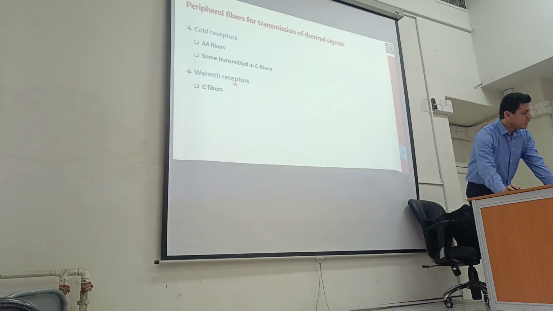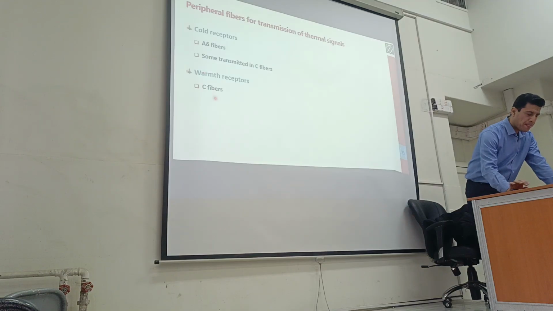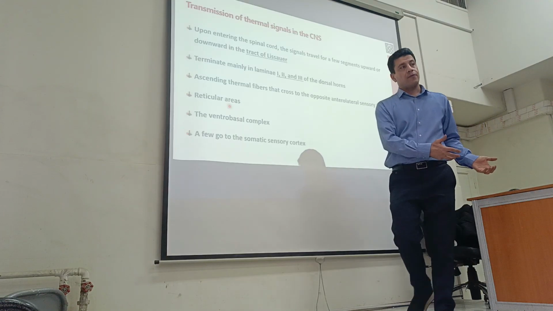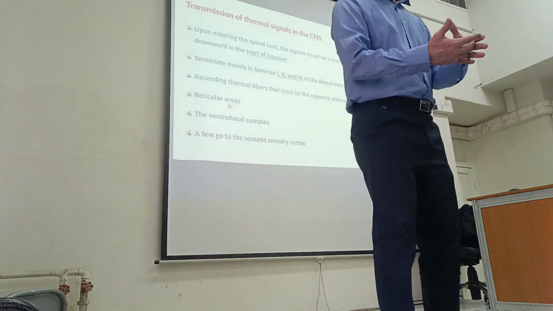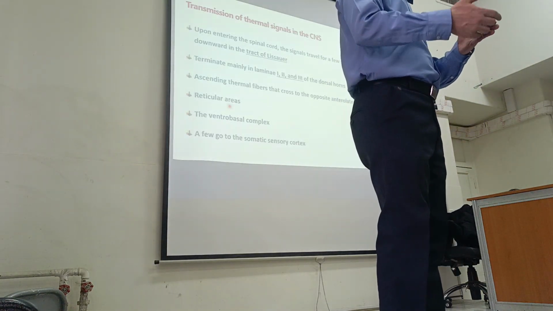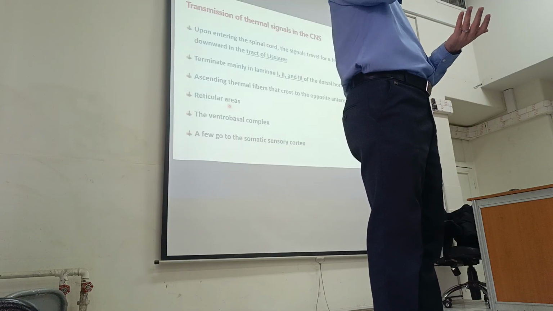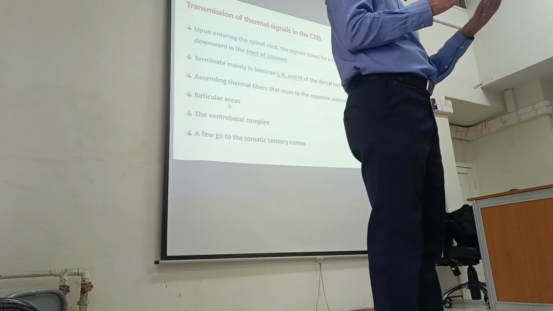So, cold receptors use A delta fibers and C fibers. Warm receptors only use C fibers. So, when they bring the signal to the spinal cord, again, the anterolateral system carries the thermal sensation, right?